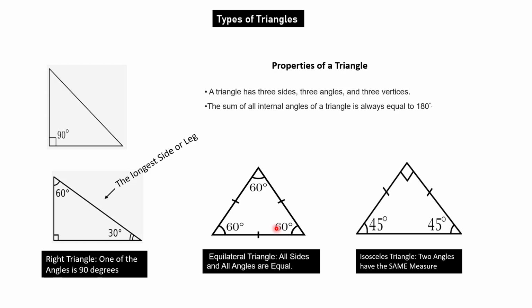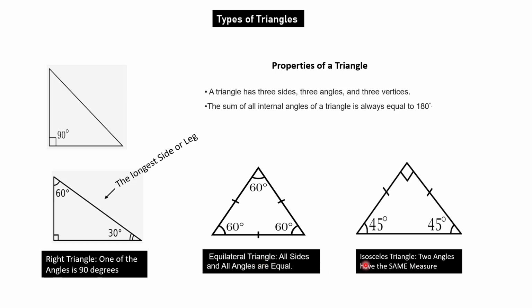Now there is a small dash on each side. What does it indicate? It means equal to. That means all the three sides are equal in length. So this is an equilateral triangle.